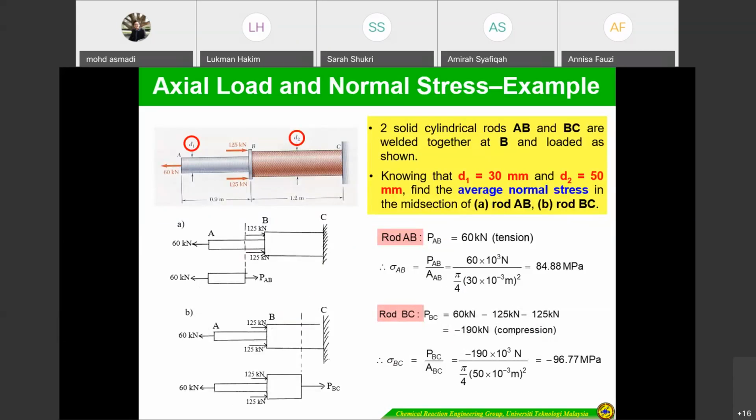Is it clear about the axial loading and normal stress? For this one, we still do not consider the deformation or deflection of the materials. We're going to cover that in chapter 2, where once you introduce a force, we consider how much deflection changes in your materials. We use the symbol delta.